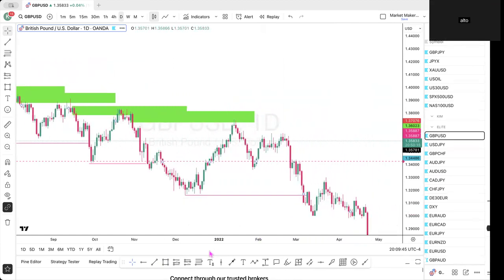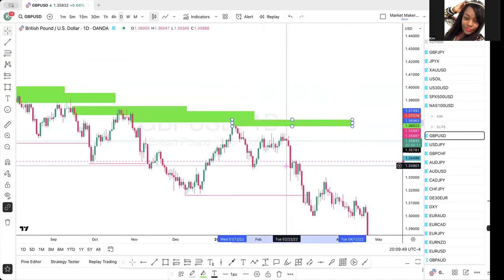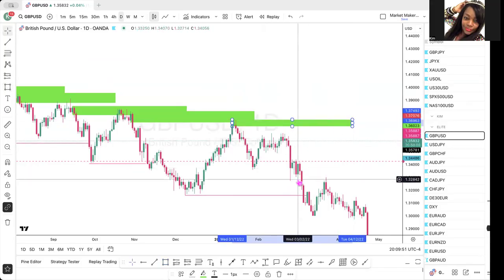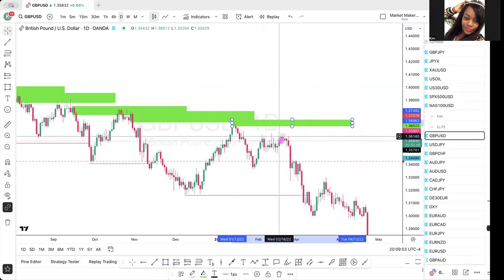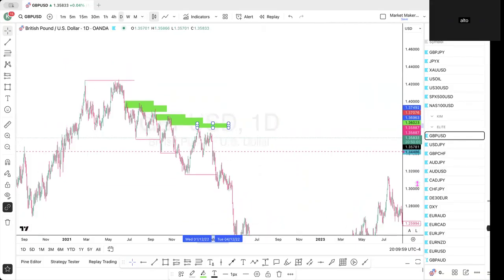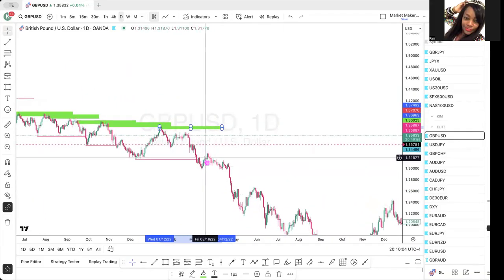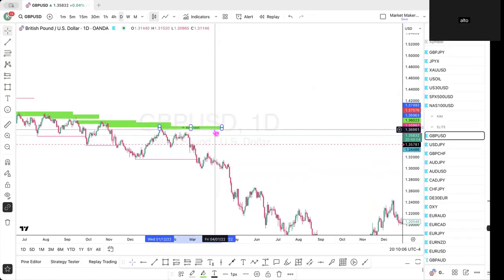Where's my next supply zone? You have one here. You have these internal ones here, but this would be the one I would want price to come back to. Because that seems like it's the swing high of that structure, no? Yes, because that's where you mark your supply zones. Okay, I get that part.